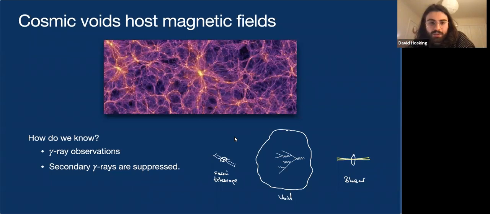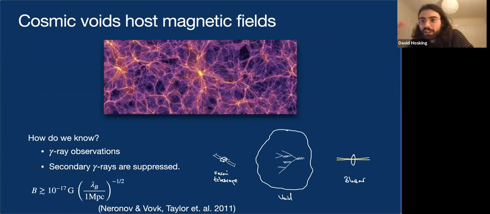Using this principle and modeling exactly how the charged particles are deflected by the magnetic fields, one can derive order of magnitude estimates of how strong the magnetic fields within the voids need to be. This isn't a pure lower bound on the magnetic field.